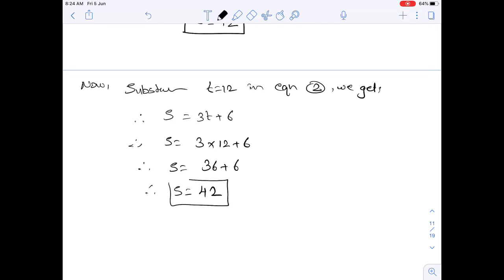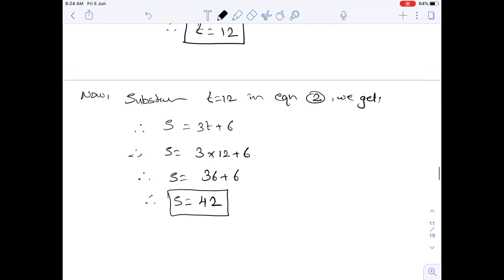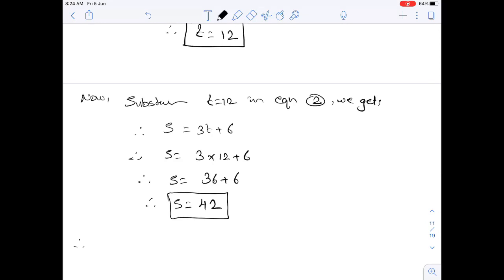Now we have values for both the variables, that is, s equals 42, t equals 12 are the solution of the given equation. Now here we have to remember one thing, that we are getting one specific number over here. So we can say that the given equation will have a unique solution because we are getting only one solution. This thing we need to remember.